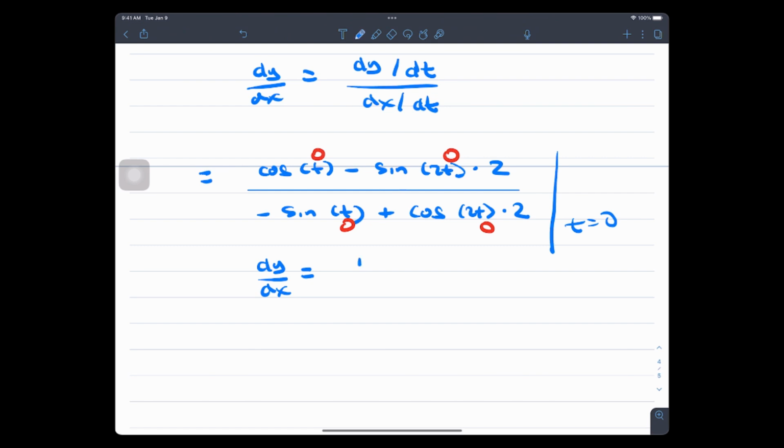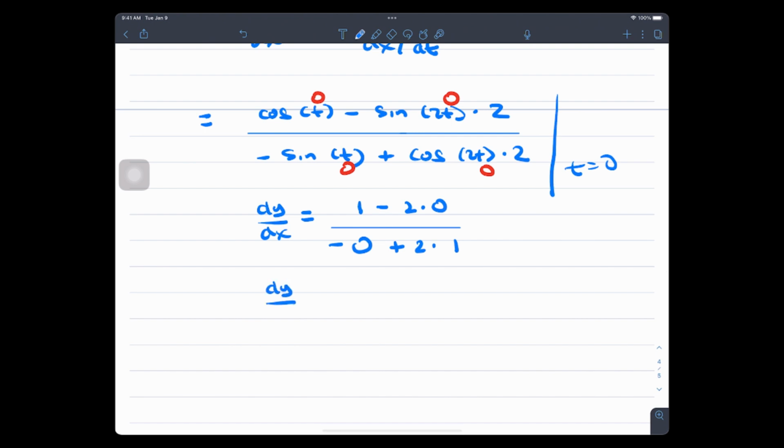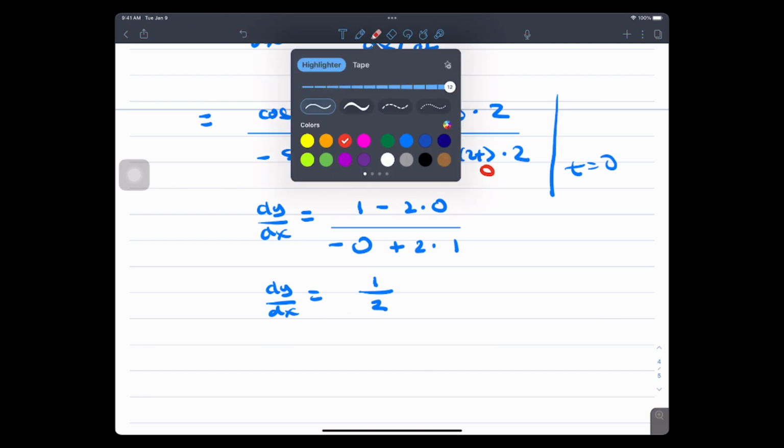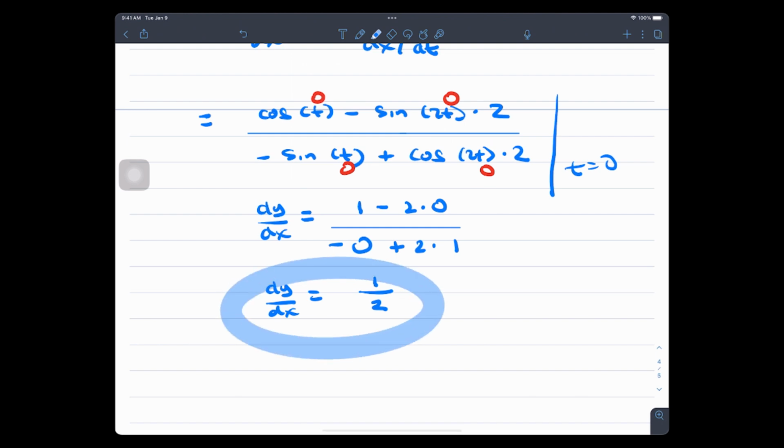Good. So isn't that 1 minus 2 times sine, which is 0, really? 0? Negative 0 plus 2 times cosine of 0, which is 1. So here we go. 1 over what? 2. Okay. Is it negative? No. It's positive. Yeah, 1/2 here. Okay. So that's the derivative of that function when t is 0.